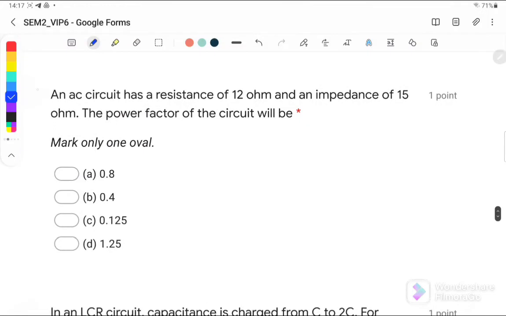Next, question 11. An alternating circuit has a resistance of 12 ohm and an impedance of 15 ohm. Find the power factor. As we know, this is the resistor and this is the impedance, and the angle here is theta. If you want to find the power factor, that means we want to find cos theta.